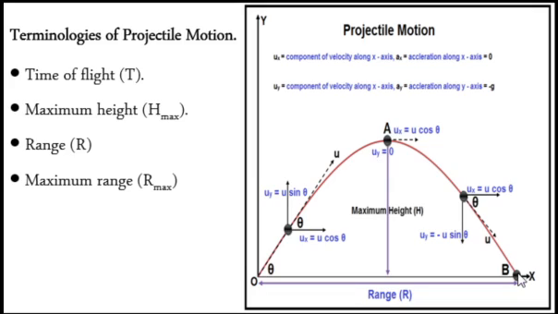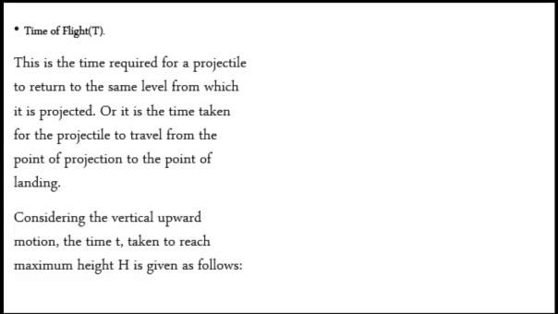Right. Now moving forward, let's look at these terms one after the other. So what is time of flight? This is the time required for a projectile to return to the same level from which it is projected. It can also be defined as the time taken for the projectile to travel from the point of projection to the point of landing.